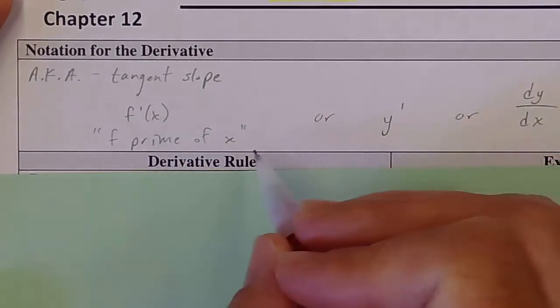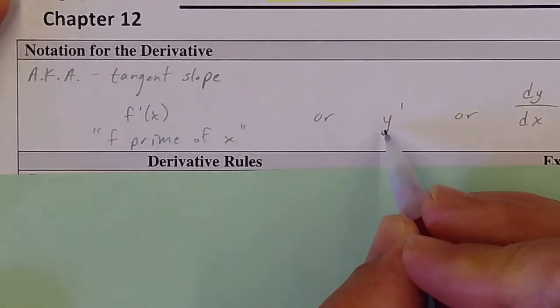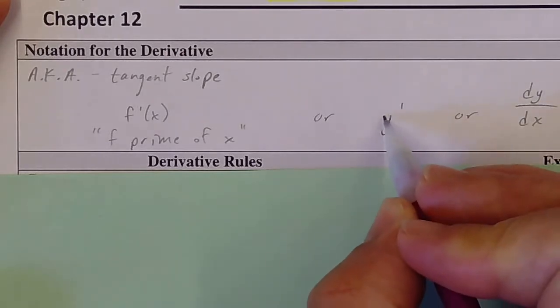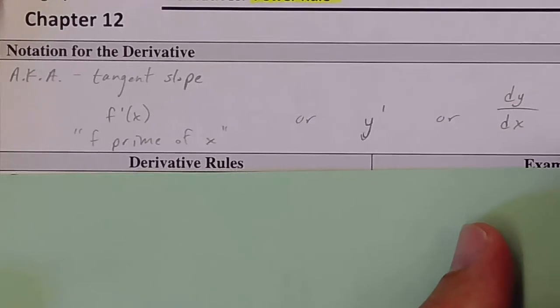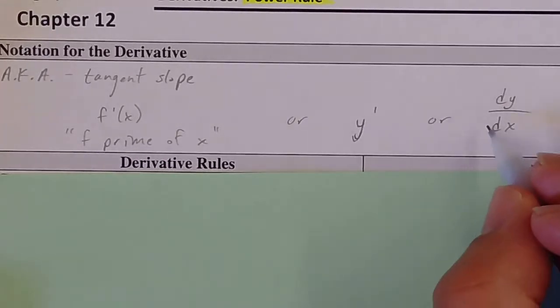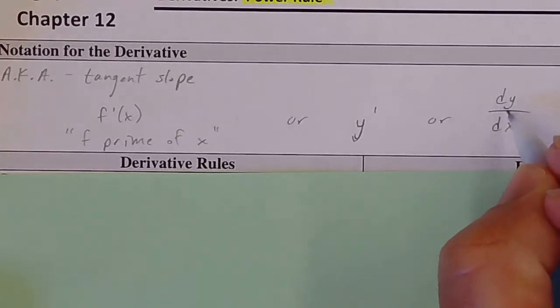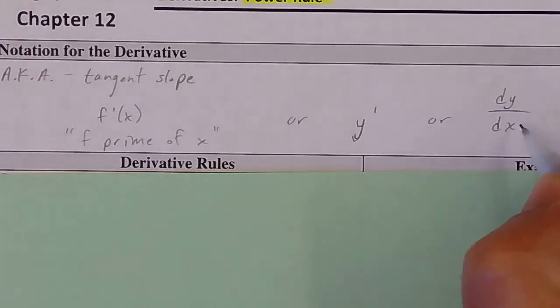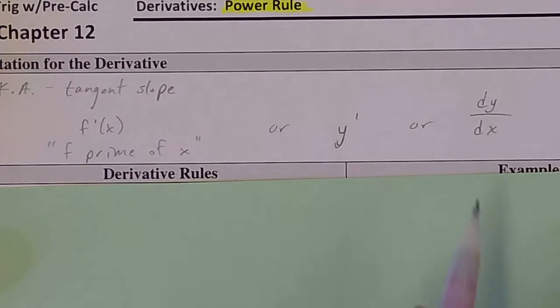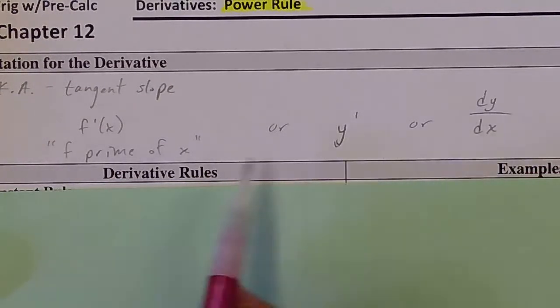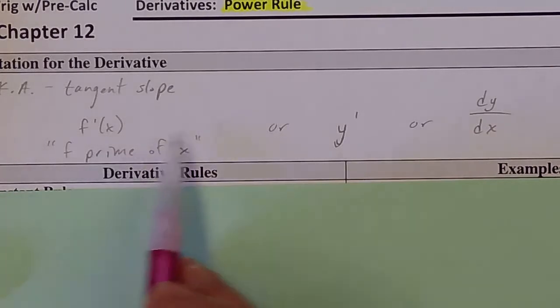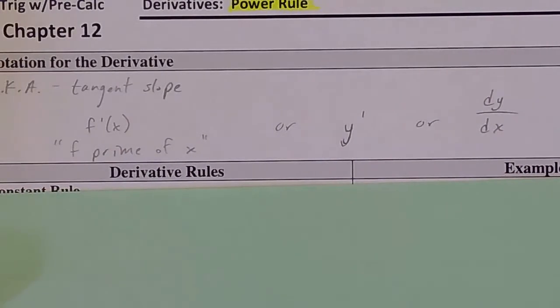We can also write this, and this is the new part, as y prime, or sometimes it is represented as dy over dx. D stands for delta, meaning change in y over change in x. For the most part, we won't use that a whole lot, but maybe if you take calculus next year, you'll see that more. We'll just stick with f prime and y prime for the most part, okay?